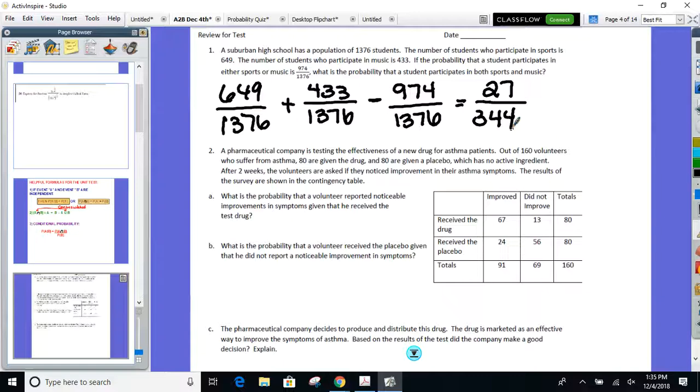Okay, question 27 out of 344. And that's the reduced answer. If you got something out of 1376, it's probably still correct. That's just the reduced answer, remember. If you got 108 out of 1376, yes, that's correct as well.